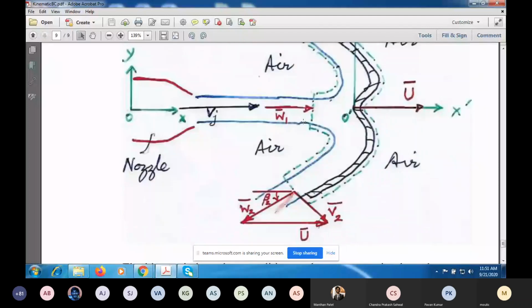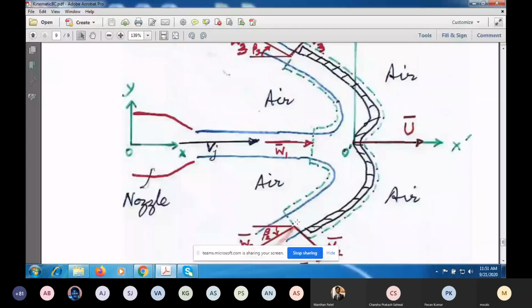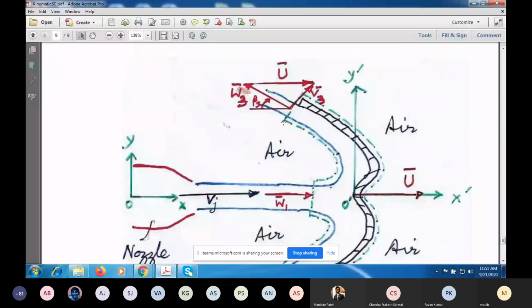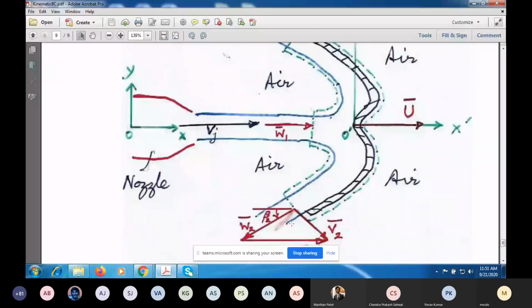So at the exit over here, there are two exits, which are called section 2 and section 3. The direction of the relative velocity will be tangent to the surface. So this direction is known. The magnitude will have to be found from some analysis. And the velocity of translation of this bucket is known.